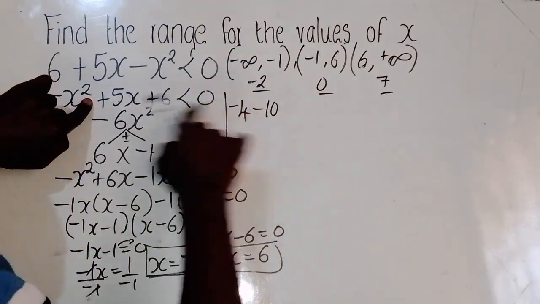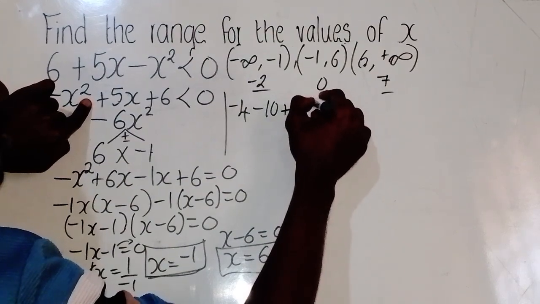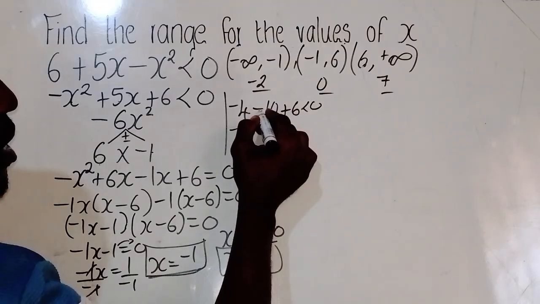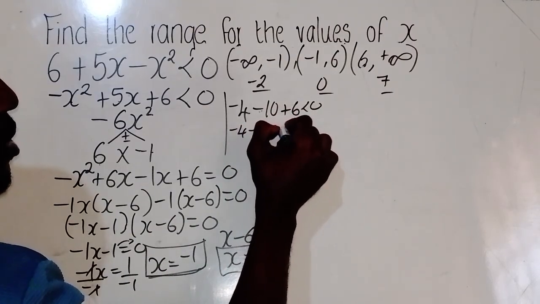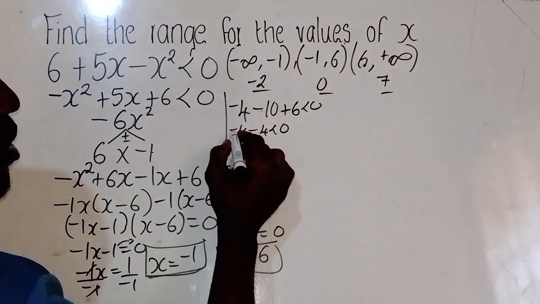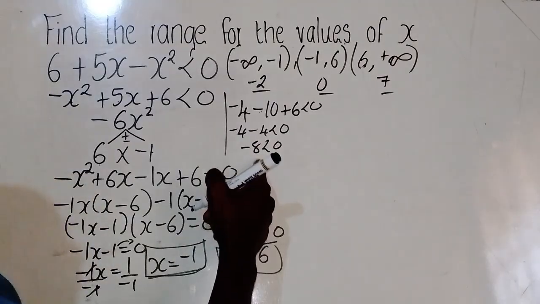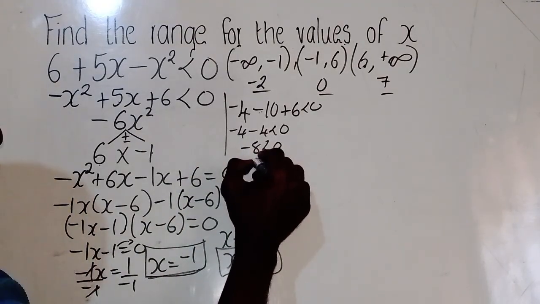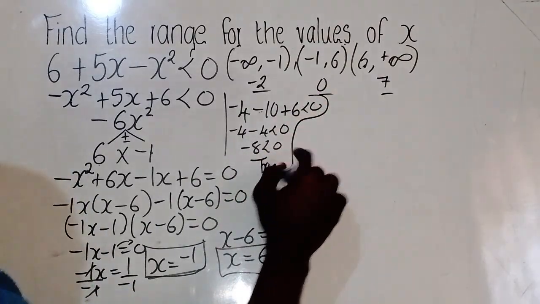Plus 6, less than 0. So negative 10 plus 6 is negative 4, and negative 4 plus negative 4 is negative 8, less than 0. They are saying negative 8 is less than 0. Is this true? Yes, this is true.